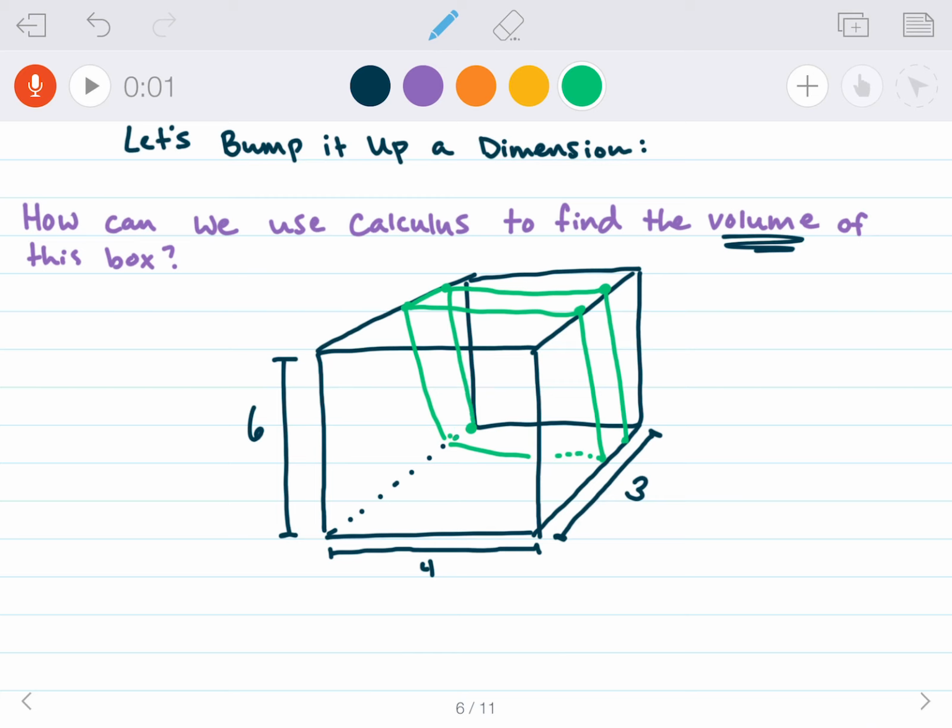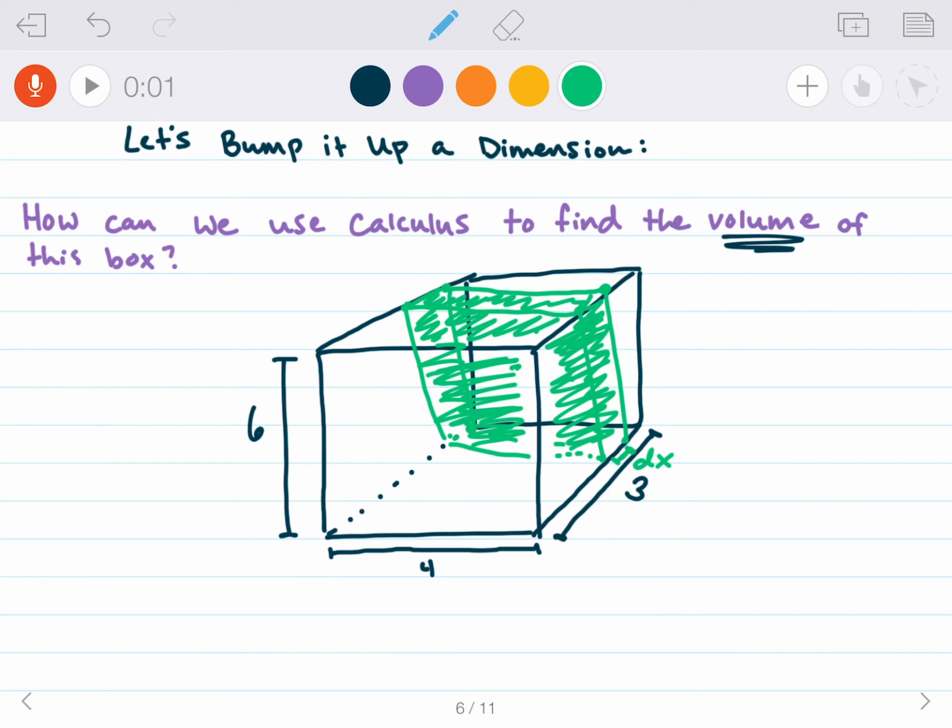Try to imagine that this is a good looking solid slab. So let me color it in a little bit so you can see it better. Basically, you want to imagine that you're cutting this slab out of this box, and it has some very, very small thickness that we are going to call dx in this case, right?